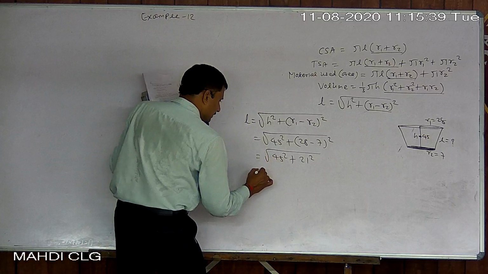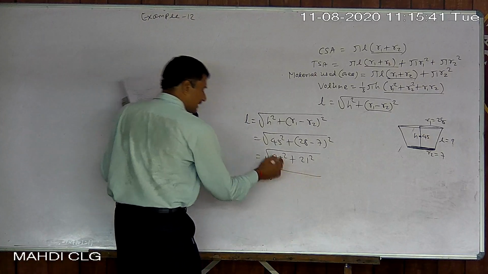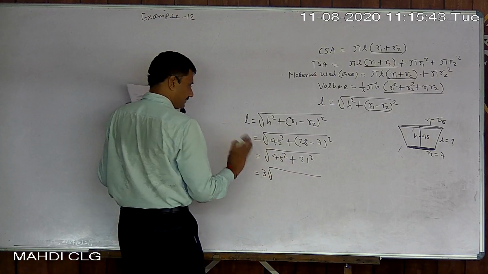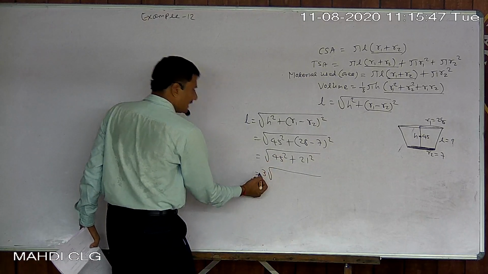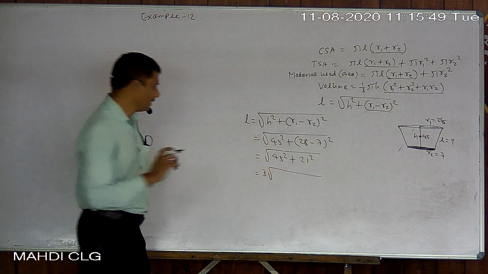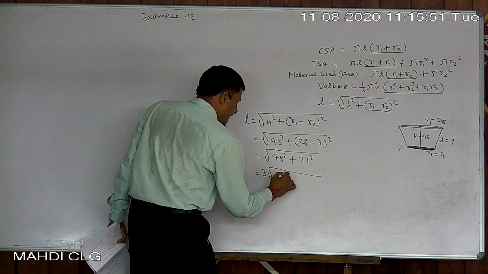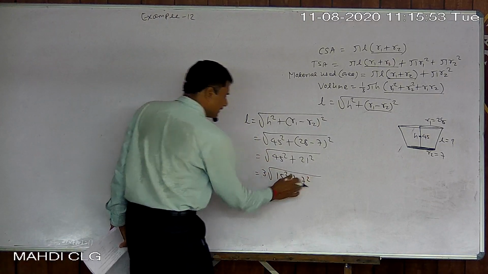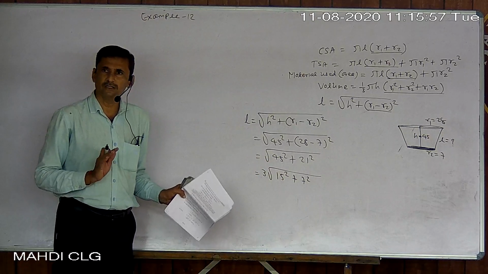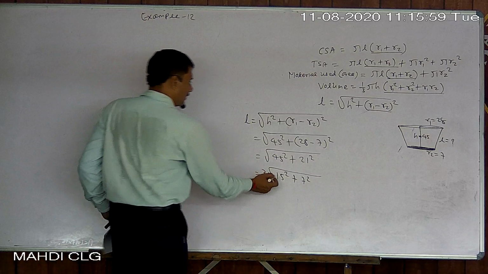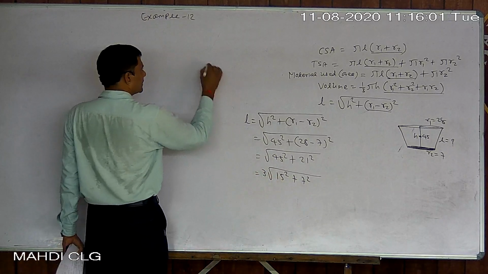So 3 is taken common, but basically what happens, just understand. 3 square is taken common, but it comes outside the root, so it becomes 3. Now 3 into the square root of 15 square plus 7 square will become quite simple. Okay. Now try to get it.